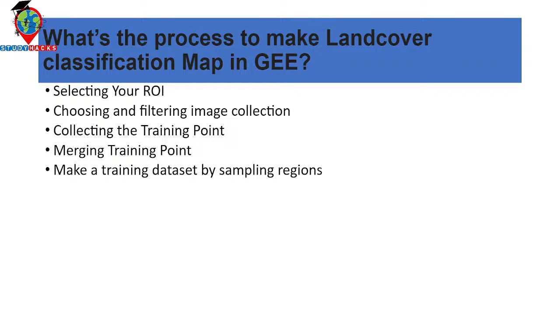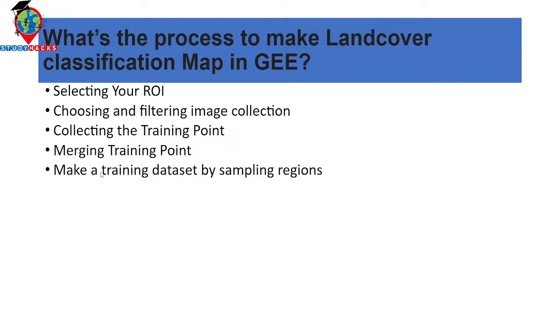From all of those water points, extract the information, mainly bands information or band spectral signature, and then make the spectral signature for water. Suppose I take some training points for built-up area. It extracts the information, mainly spectral bands, spectral signature, from the built-up area and creates a data set. Okay.